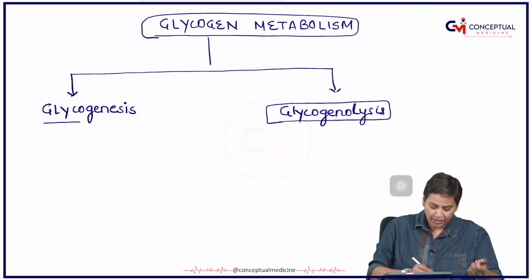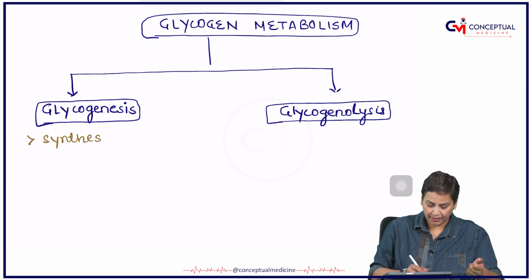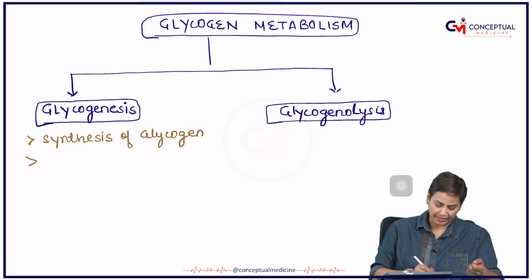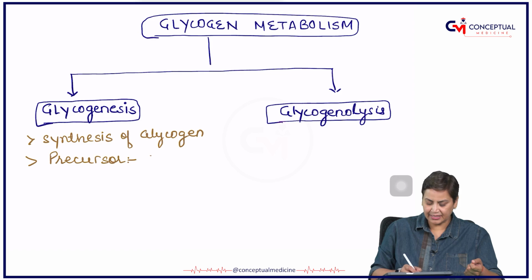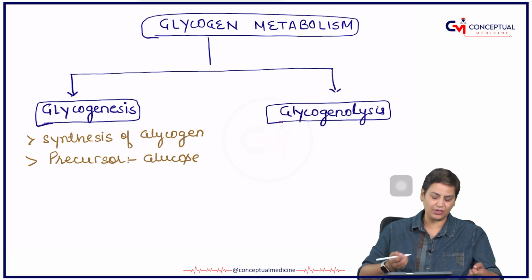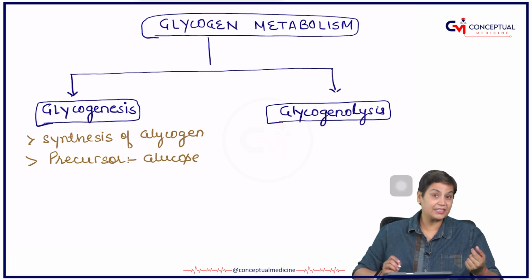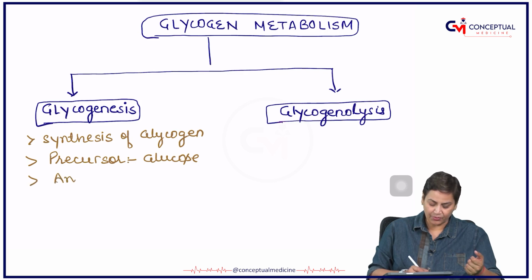If we talk about genesis, we can simply say that genesis is synthesis. So glycogenesis is the synthesis of glycogen. Now from where is glycogen synthesized? The precursor is glucose. So I can simply say that glycogenesis is a process of synthesis of glycogen from glucose. Since it is synthesis, it is an anabolic process. See, all the things are interrelated with one another.